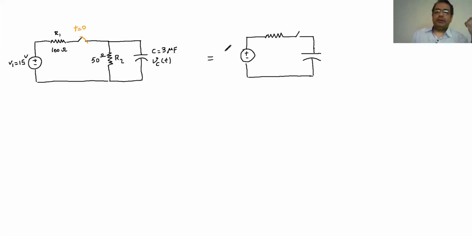So if I compare these two together, what I can say is that if I assume after the key is closed, these two, I want them to be the same.